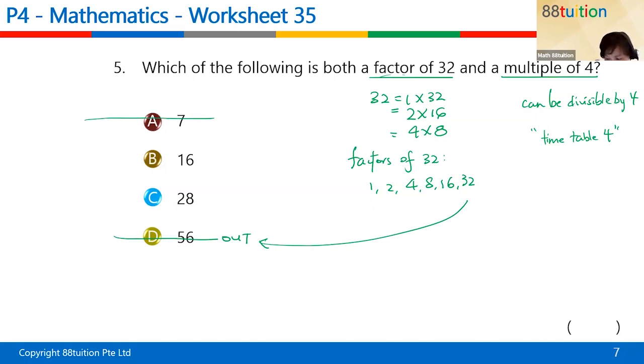Okay? So now you've got to look at what? B and C. So B and C, 28 is not inside here. But 16, yes. 16 is inside here. Do you see this? So you choose option number B. Very good. Wait, give me a minute.